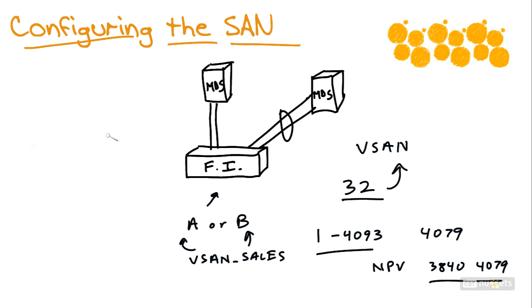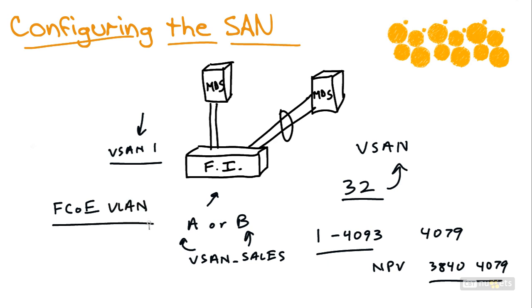Just like with our virtual local area networks, there is indeed the default vSAN 1, and this default vSAN cannot be deleted. For each virtual storage area network, we must specify a fiber channel over Ethernet VLAN. Remember, this particular VLAN must not overlap with the LAN VLANs that you're going to have in order to carry the data in the local area network.